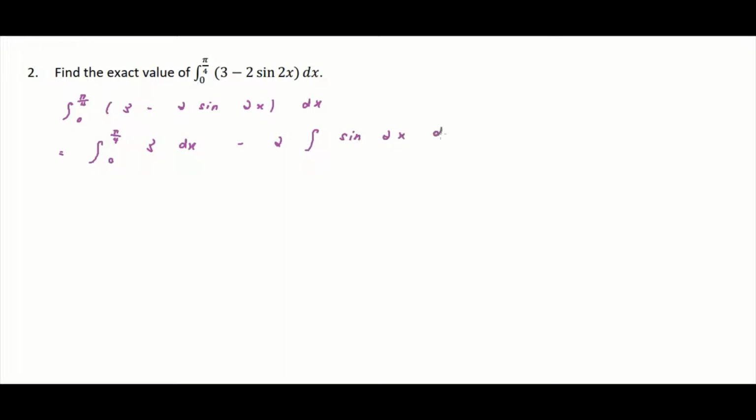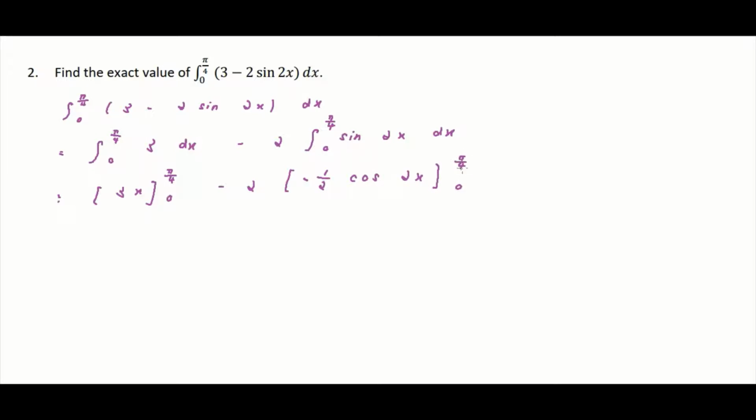Okay, so now let's start to do the integration. For 3, after you integrate, you have 3x, with the range, minus 2. For sine 2x, when you differentiate 2x, you have 2, right? So divide, so it becomes 1 over 2. So sine, after you integrate, you get negative cos 2x.